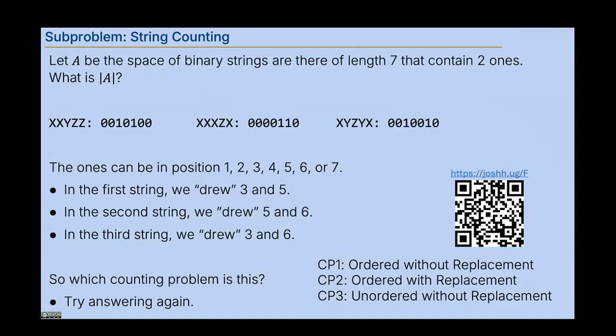All right, you can answer again if you want now. Wait, uh-oh. Should be a letter G up there, by the way. The QR is right.